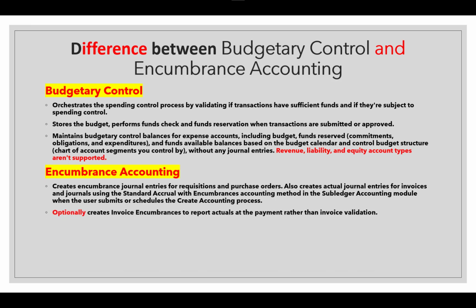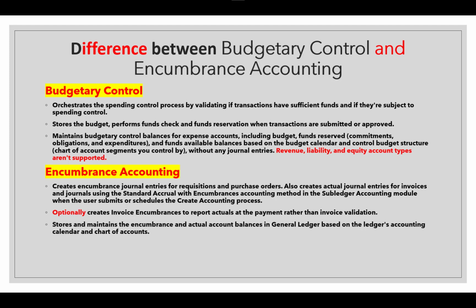Optionally, you can create invoice encumbrance to report actuals as a payment rather than at invoice validation, because you have two options: either create the encumbrance at invoice validation time or at payment time.